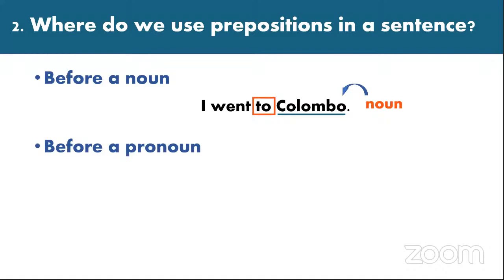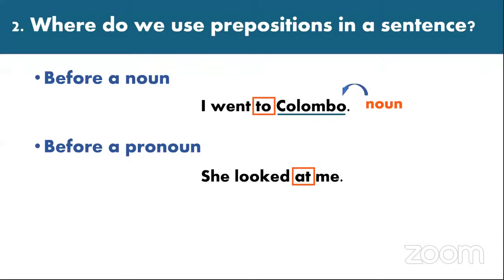Before a pronoun. She looked at me. Then what is the preposition here? I'm sure that you can identify it. It is at.